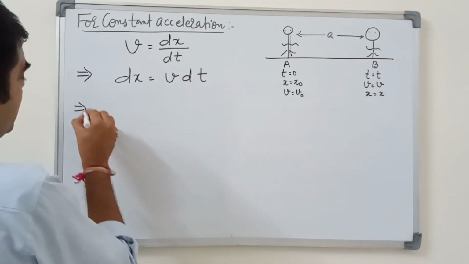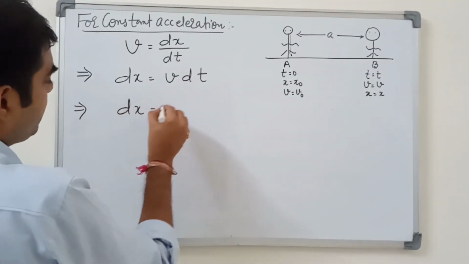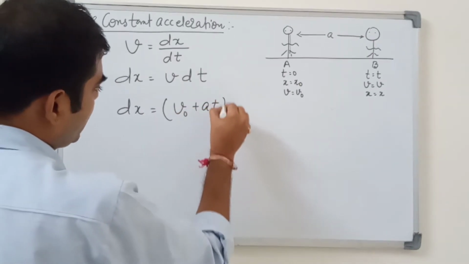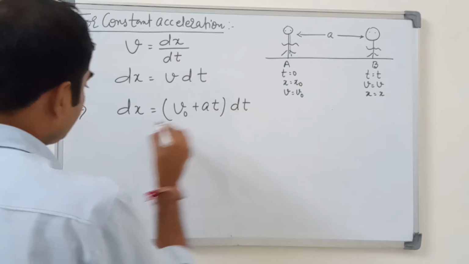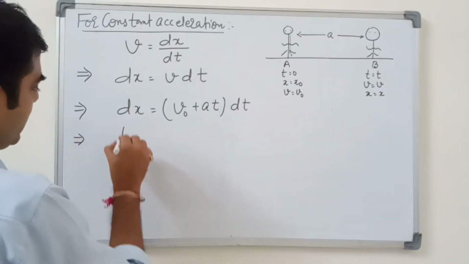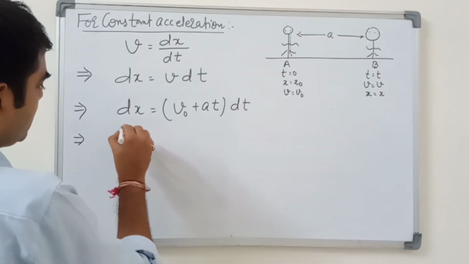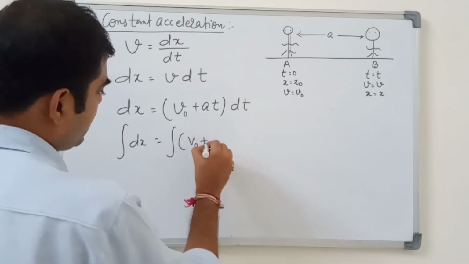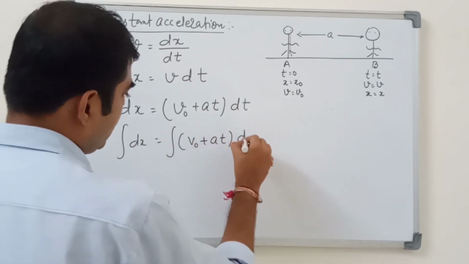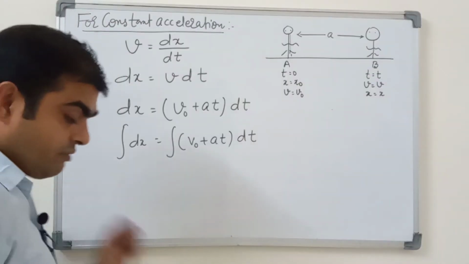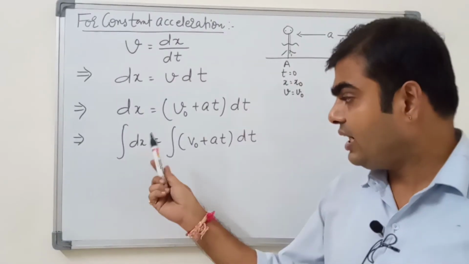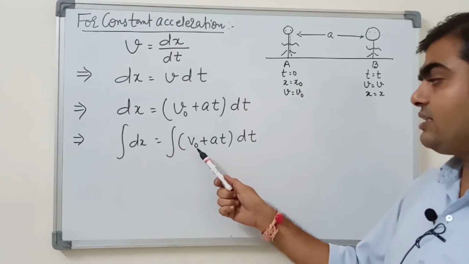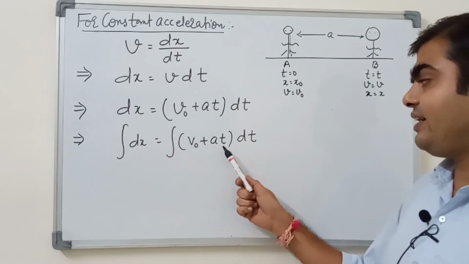Now v is replaced by v naught plus at, and this value is put into dt, and we integrate both sides: the integral of dx equals the integral of v naught plus at dt. My dear friends, the left-hand side is as it is, and the right-hand side is a function of v naught plus at.